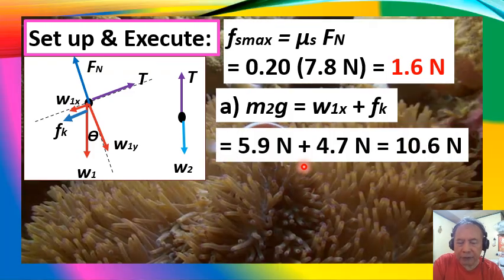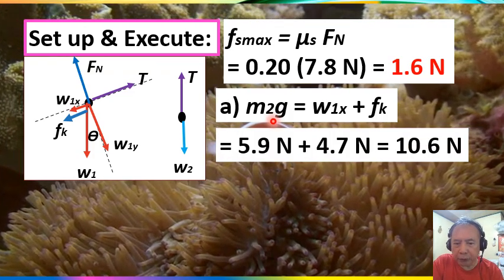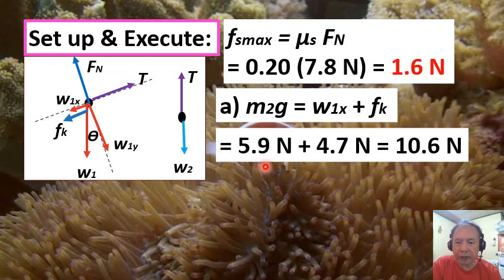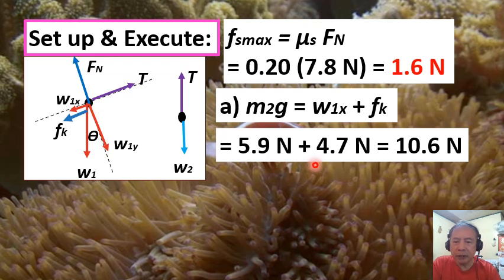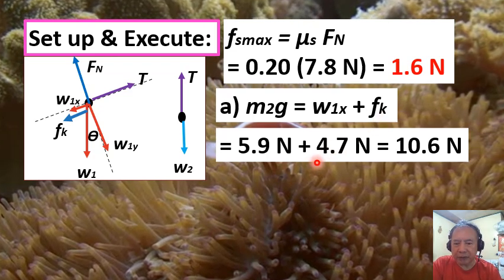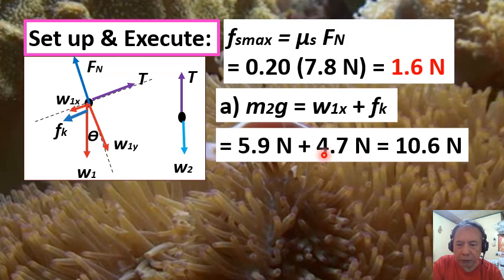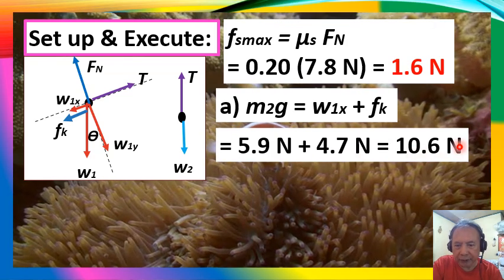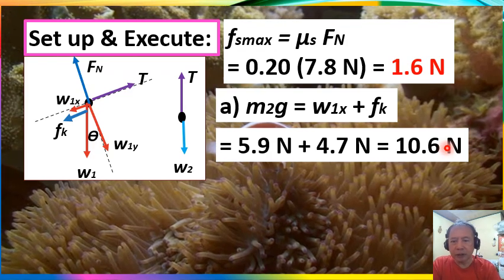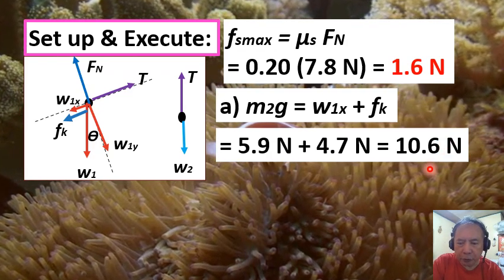That is, when we substitute, M2g, or the weight W2, is equal to 5.9 newtons, the x component of W1, plus the force of kinetic friction, earlier computed, 4.7 newtons, for a total of 10.6 newtons. So 10.6 newtons is the weight of block number 2.